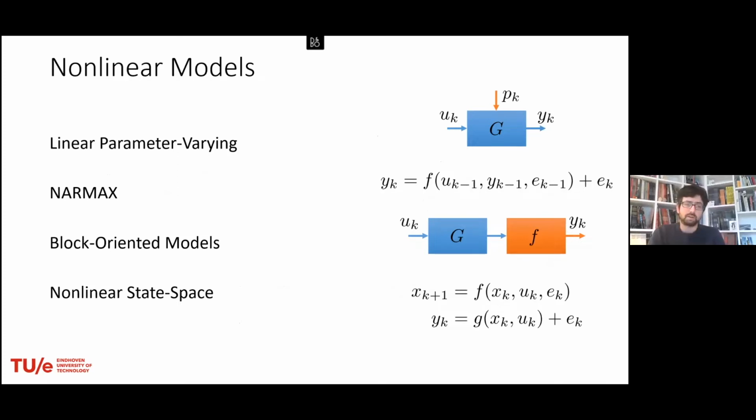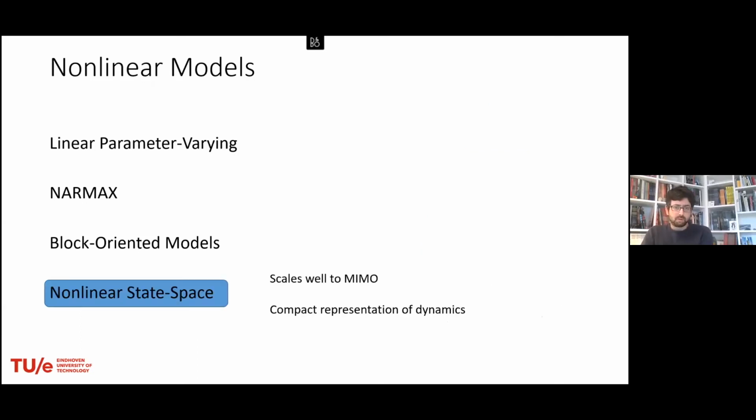We have block-oriented models where we make series interconnections or parallel interconnections between static nonlinear and linear time-invariant blocks to obtain a structured representation of a nonlinear system. And we have nonlinear state space models where we have a nonlinear state equation and a nonlinear output equation as well. During this presentation, I will focus on nonlinear state space models because they scale well to a multiple input, multiple output setting, and they give very compact representations of the dynamics of a system.